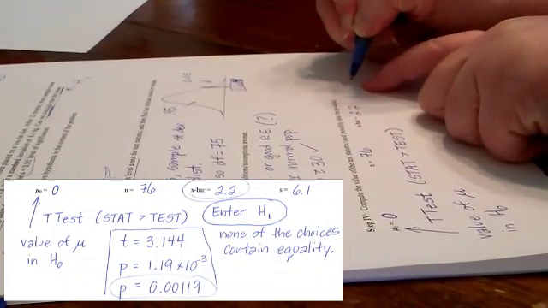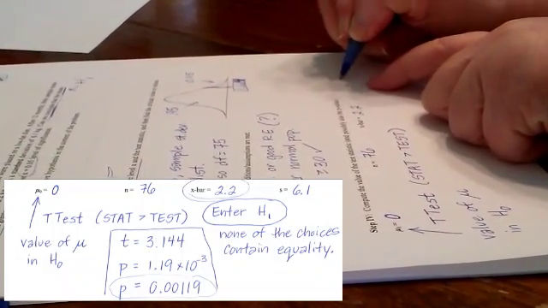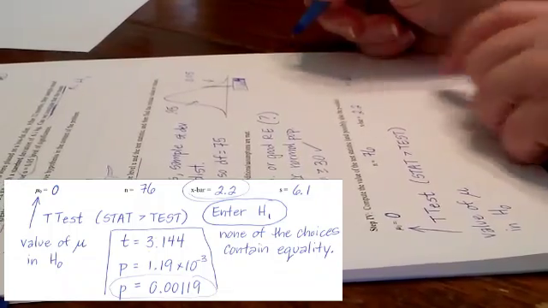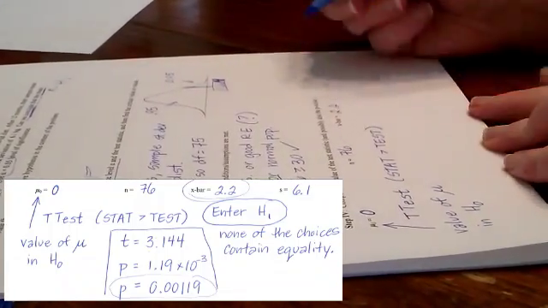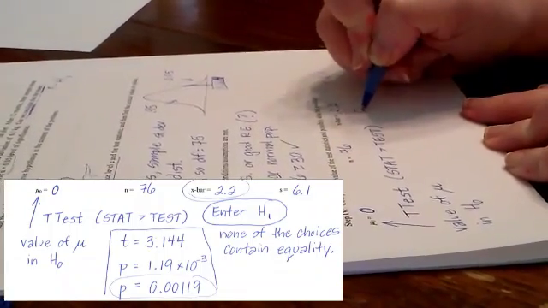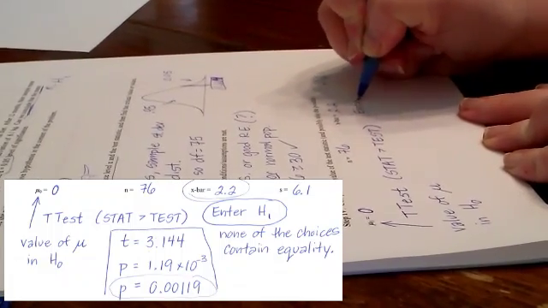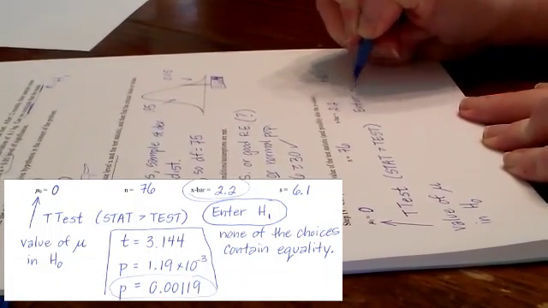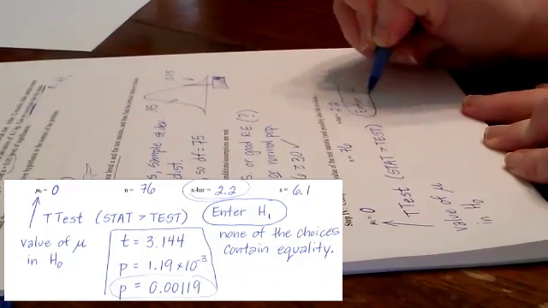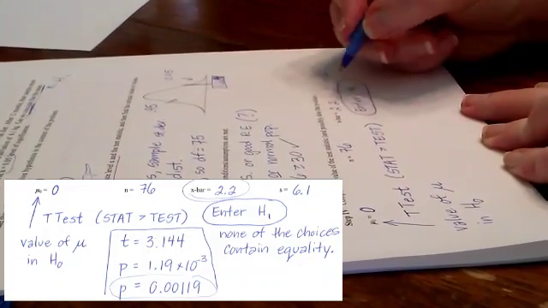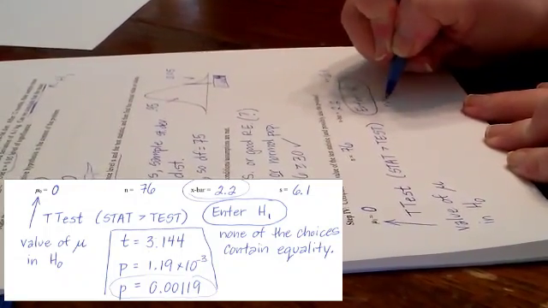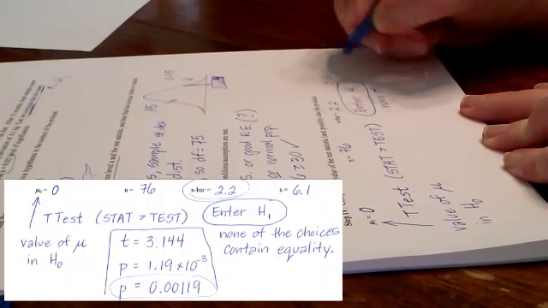It asks for S, our sample standard deviation, which is 6.1 kilograms. And then it also wants the alternative hypothesis. So we need to enter the alternative hypothesis. I know it's the alternative hypothesis because none of my choices have equal in them.